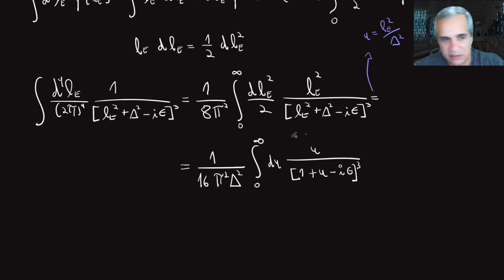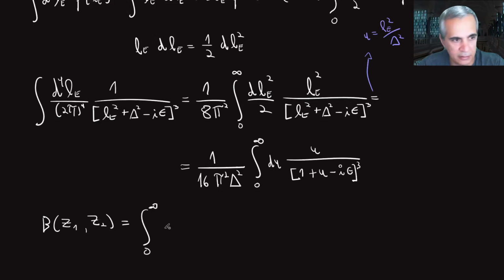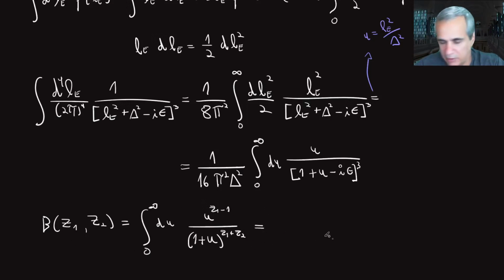So now this is the definition of a beta function, right? There's this definition of a beta function, which I can write in this way. And then I can also rewrite this beta function as a product of gamma functions.